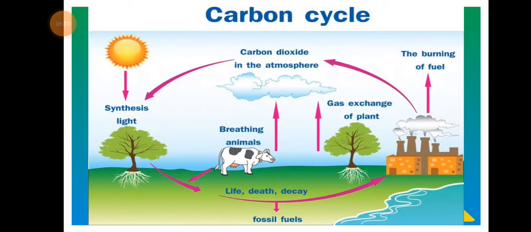That's how the balance is maintained. The addition and removal of carbon dioxide in nature forms the carbon dioxide cycle. Excessive burning of fuels and deforestation are leading to a rise in the amount of carbon dioxide in air and are disturbing the balance of the cycle in nature. That's how the environmental effects come into the picture.